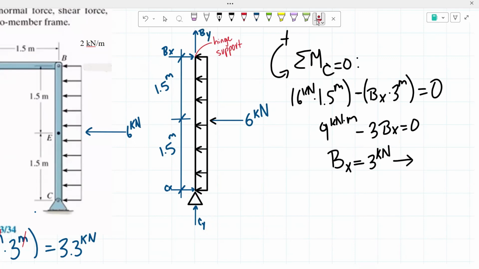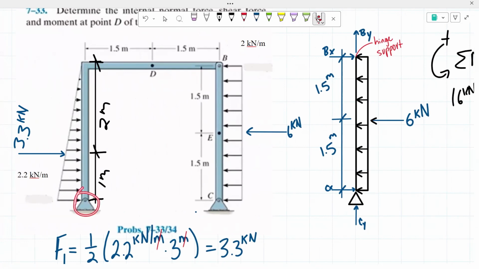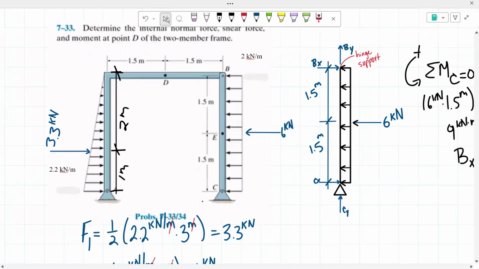So my next step would be to work with this side of the frame and take the sum of the moments about point A. That way, my reactions at A will not be creating a moment, but my B sub Y will be creating a moment. That way I would be able to solve for it.